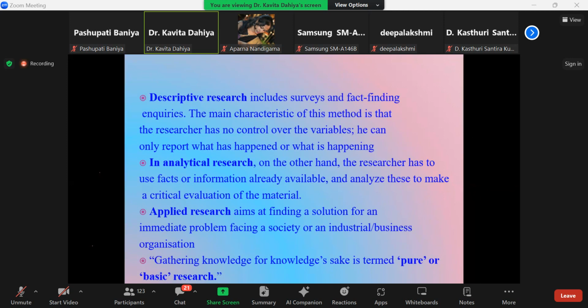Another one is applied research, which aims to find a solution for an immediate problem that is faced by the society or by the industries or by the organization. That's why this is applied research.